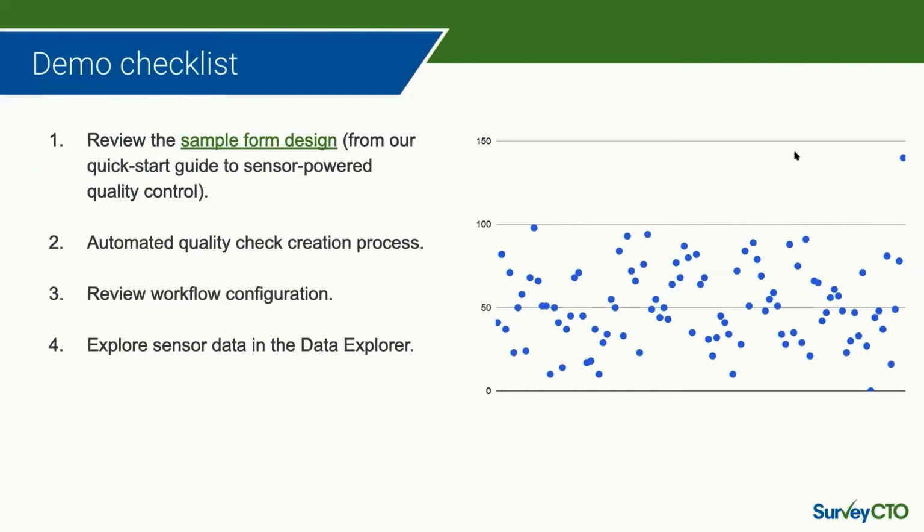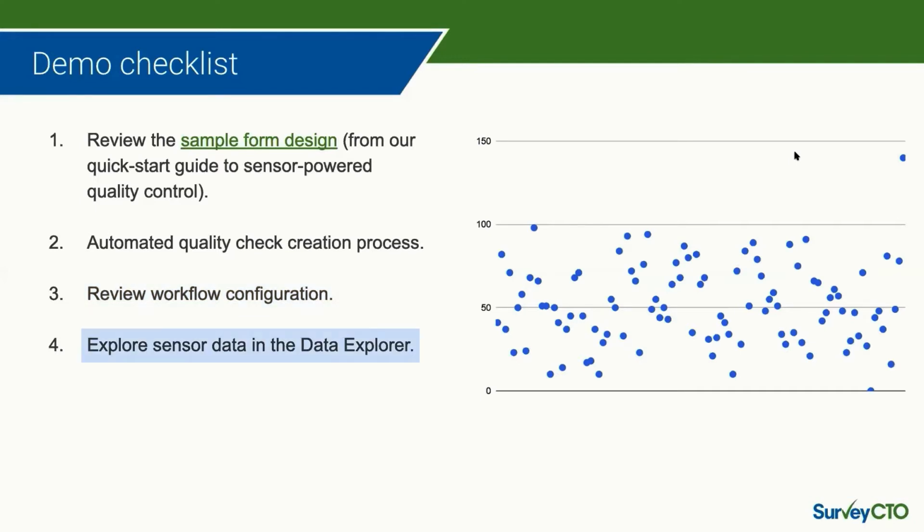Okay, so we've come to the point in the webinar where I'd like to show you some things in practice. I've made this demo checklist just to keep myself on target. So we're going to have a look at the sample form that was used to collect the data that we'll be looking at. We'll review the automated quality check creation process, and we will review the review workflow configuration.